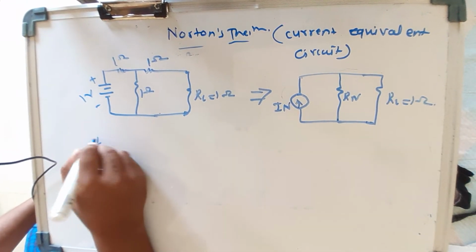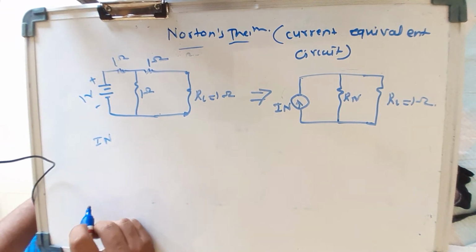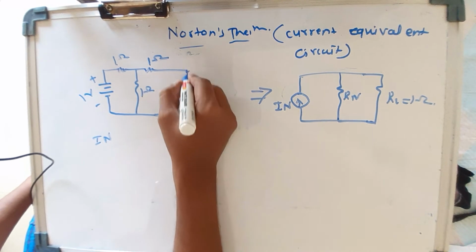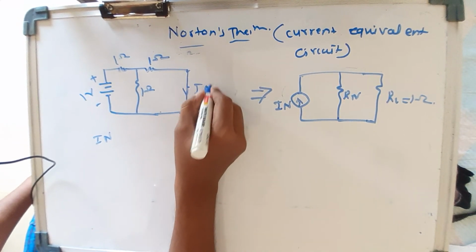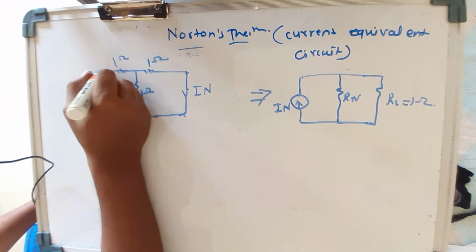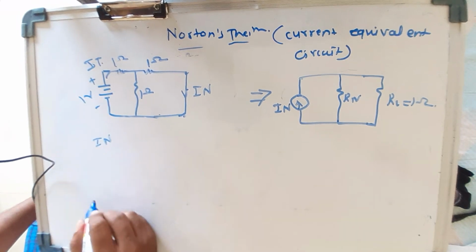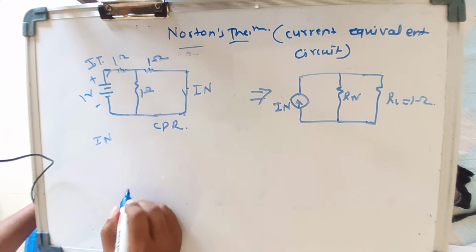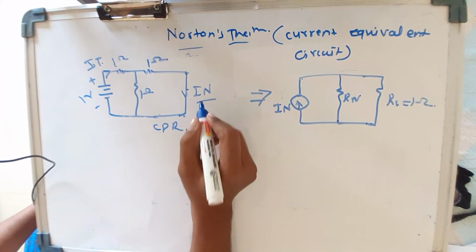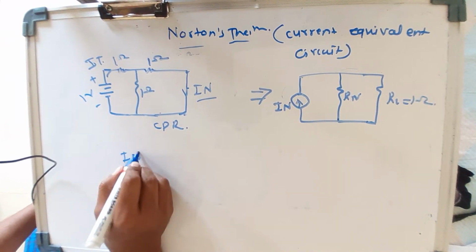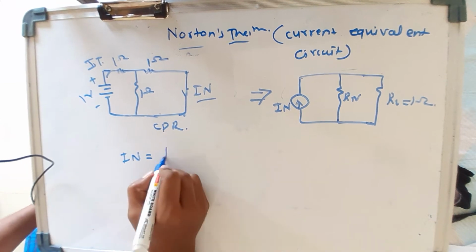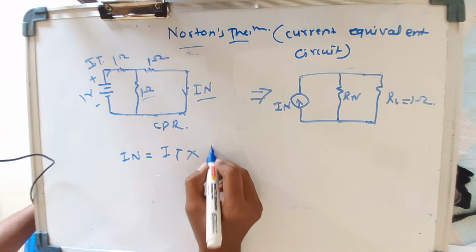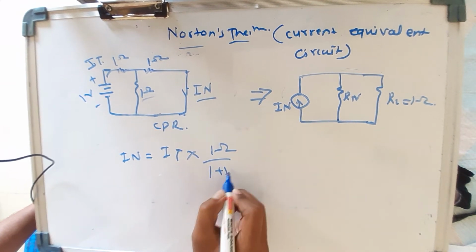Now we have to find out the value of I_N. To find R_N and I_N, just remove R_L, short it, and find I_N. Here we have the total current, so use the current divider rule, CDR. Directly we will get the value of I_N. So I_N equals total current into opposite resistance, opposite is 1 ohm divided by 1 plus 1.